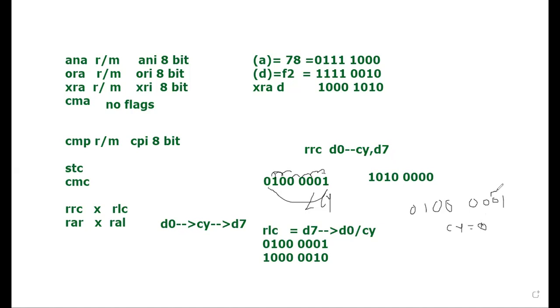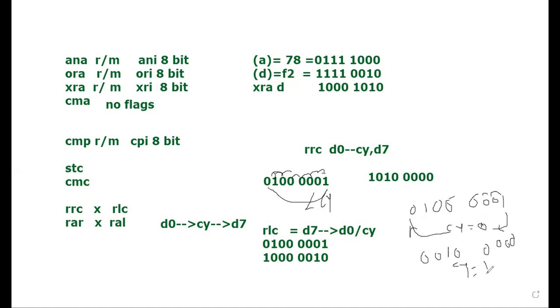So with RAR, what will happen? Every bit will be shifted, this bit will come to carry, and whatever is the carry will go here. So it will be 0 0 1 0 0 0 0 0, and your carry will now be 1. Got it? So that is the difference between RAR and RRC.